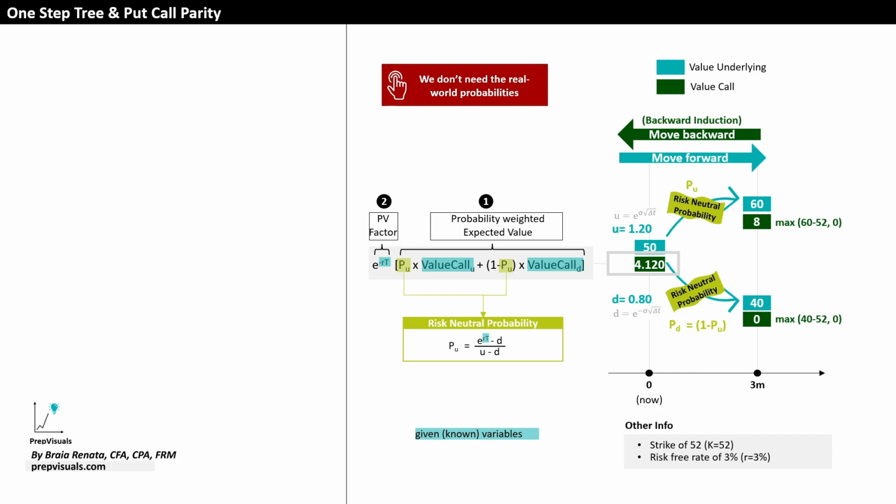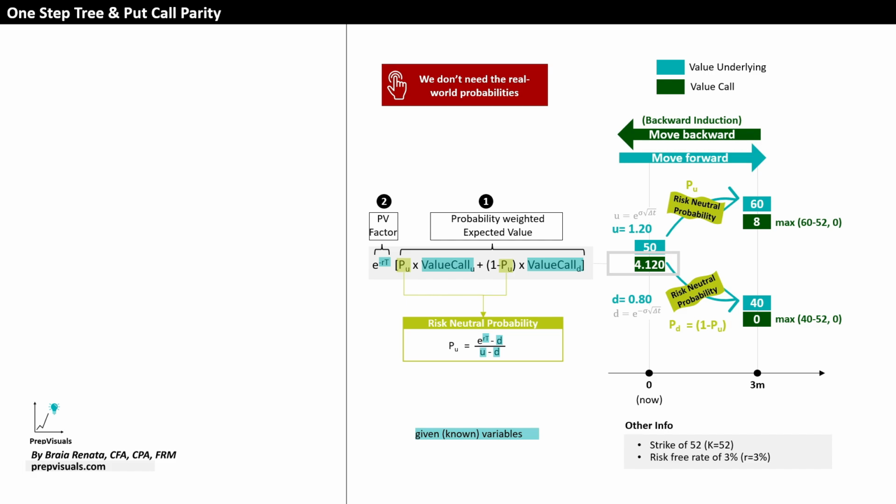This component over here is again the length of the time period, which is 3 months. These components over here reflect the downward magnitude of the underlying price, which is given to be 0.8. And lastly, this component over here is the upward magnitude of the underlying price, which is also given to be 1.2.